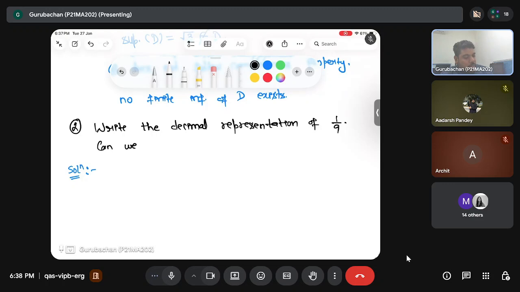Can we get the rational number from its decimal representation?